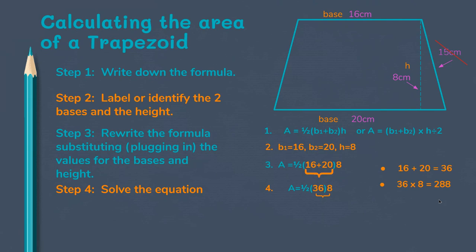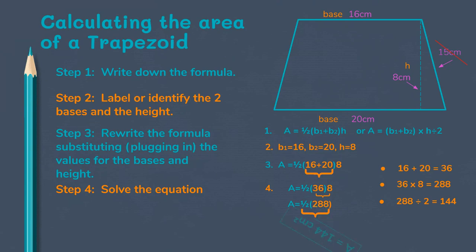The thing that we have left now, when we rewrite it again, we're going to put that 288 in that space. So now all we have left is the 1/2 times 288. And remember, since we're multiplying by 1/2, we can take that 288 and divide it by 2. All right, so 288, when we divide it by 2, we get 144.